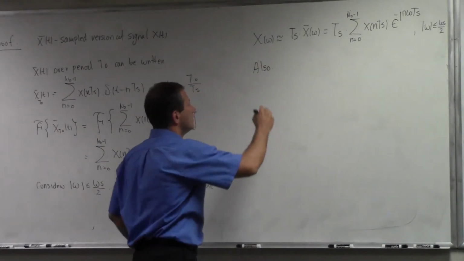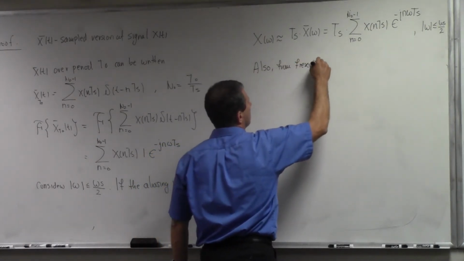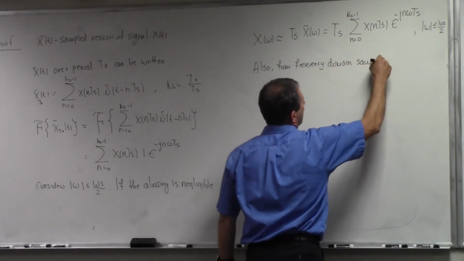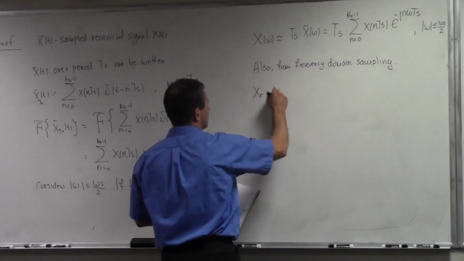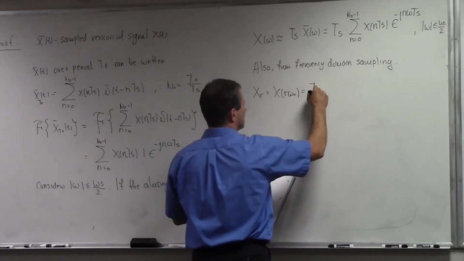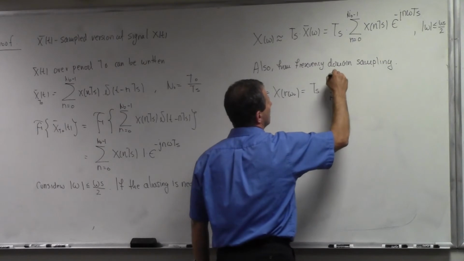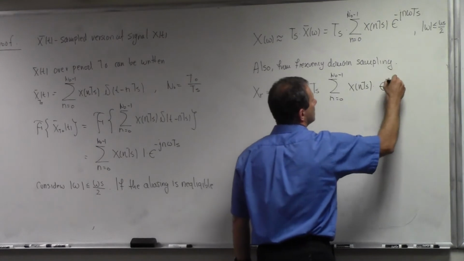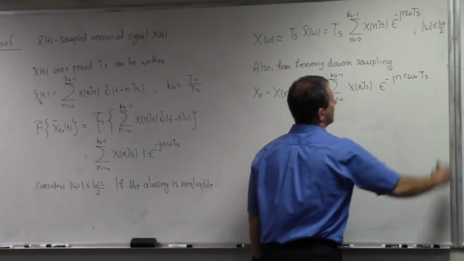Also, now looking at the frequency domain sampling, we have that Xr, which was X of r omega 0, was equal to Ts times the sum where n goes from 0 to n0 minus 1 of x of nts times e to the minus j n r omega 0 times ts.